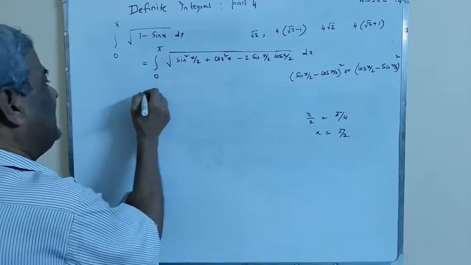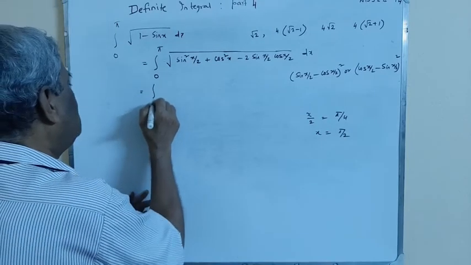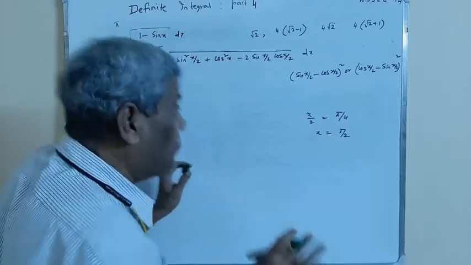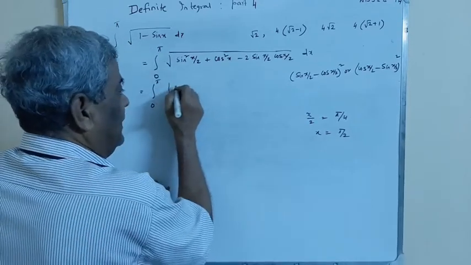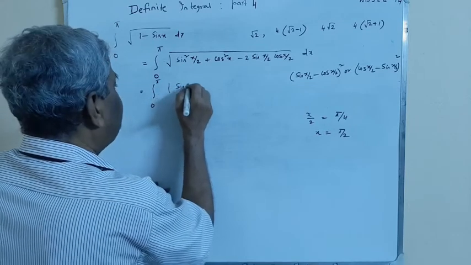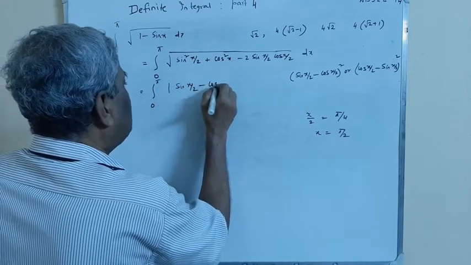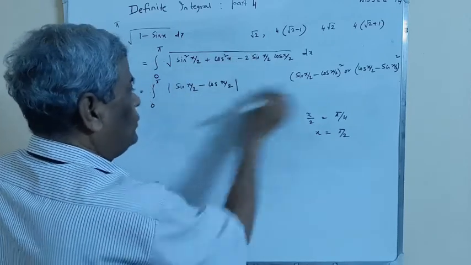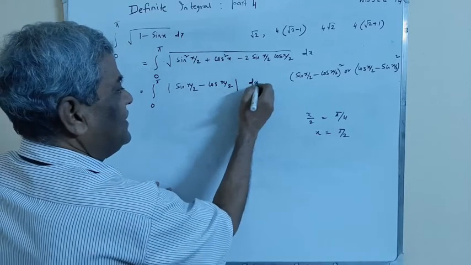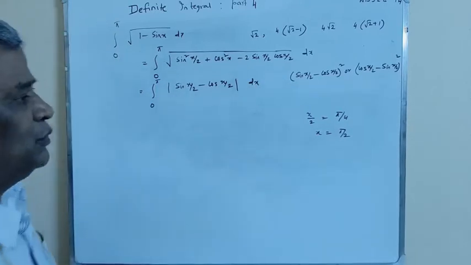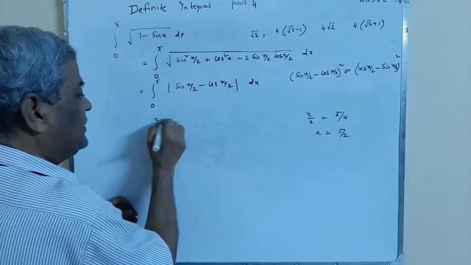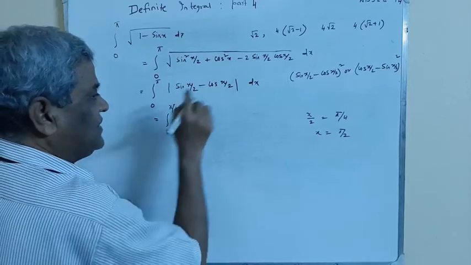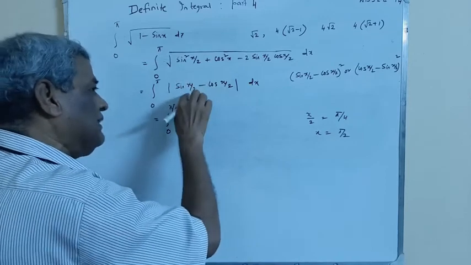So I can write this as the integral from 0 to pi, and mind that we have to take the positive value. That is, we take the modulus of sin x by 2 minus cos x by 2, a whole square, and square root, dx. So we have to take the positive value. In the range from 0 to pi by 2, cos x by 2 is greater than sin x by 2.